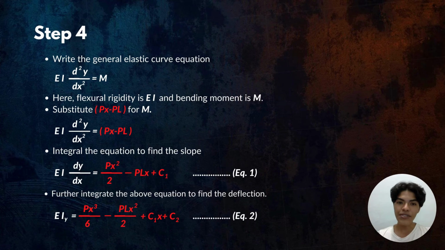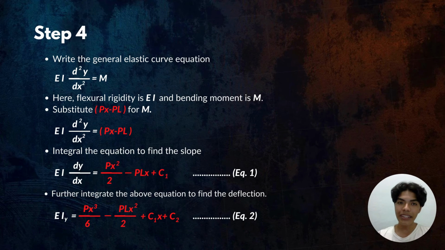So the fourth step is to write the general elastic curve equation. It is EI, then the second derivative of y with respect to x is equal to M. Here, the flexural rigidity is EI and the bending moment is M. So we need to substitute Px minus PL for M. Then the equation will become EI, the second derivative of y with respect to x, is equal to Px minus PL.